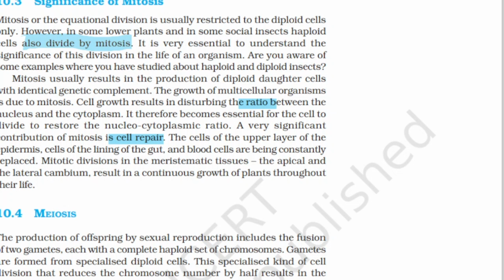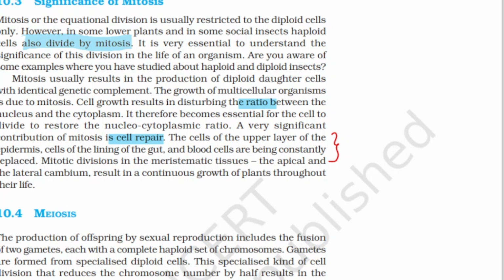They are constantly replaced because they get damaged, and each cell has a certain lifetime. For example, blood cells and the cells present in the gut have a certain lifetime, and based on that they get replaced. Once they get damaged, they will be replaced.